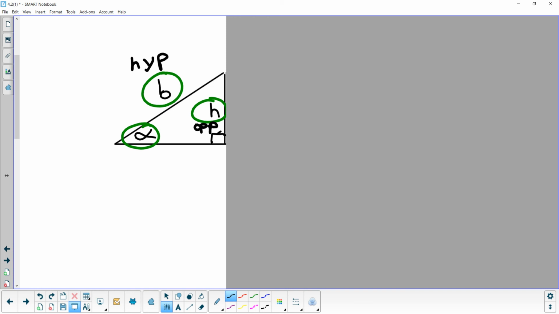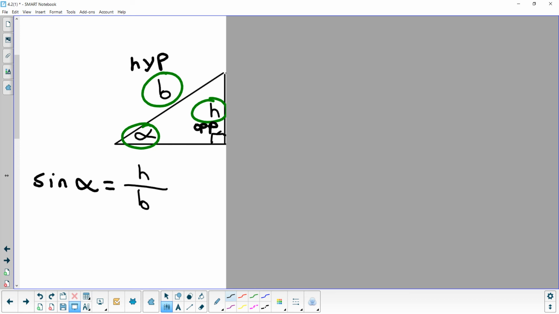Sine. Yep, sine. So sine of alpha equals, and can you tell me what I put on the right-hand side? H over B. Perfect. Sine equals opposite over hypotenuse.